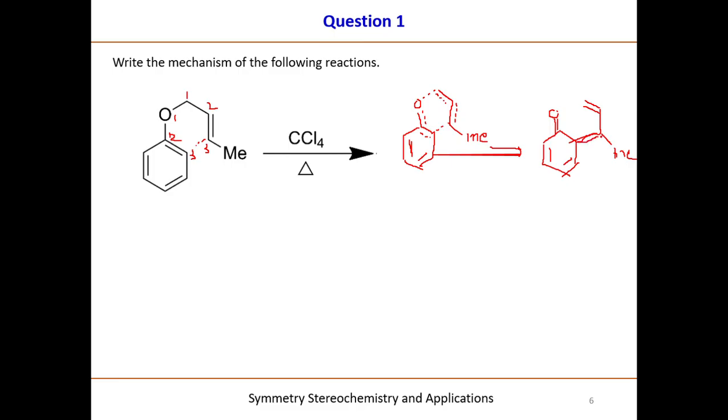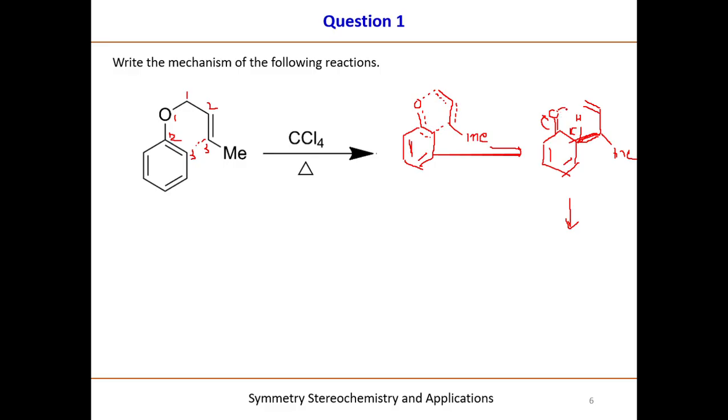So this is a product, but this is not the stable product because this is not an aromatic system. So it will get stabilized by undergoing keto-enol tautomerism to form the aromatic ring. So here we have a proton, which will give this type of reaction.